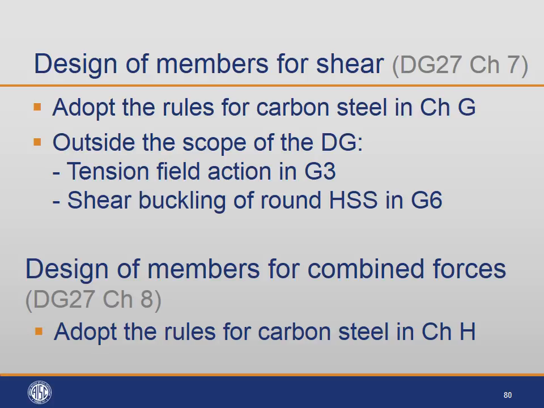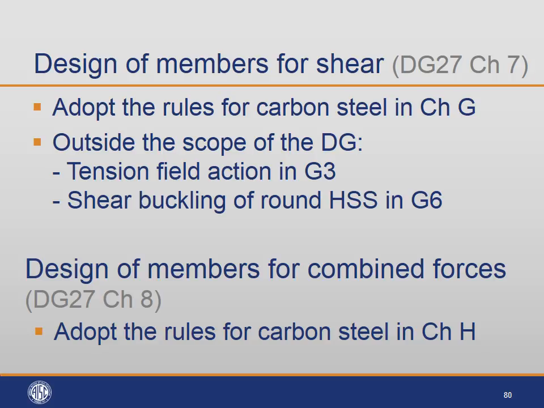Moving on to design of members in shear. Now the rules for carbon steel in Chapter G in AISC 360 can be adopted. I've mentioned that tension field action is outside the scope, as is shear buckling of round hollow sections.